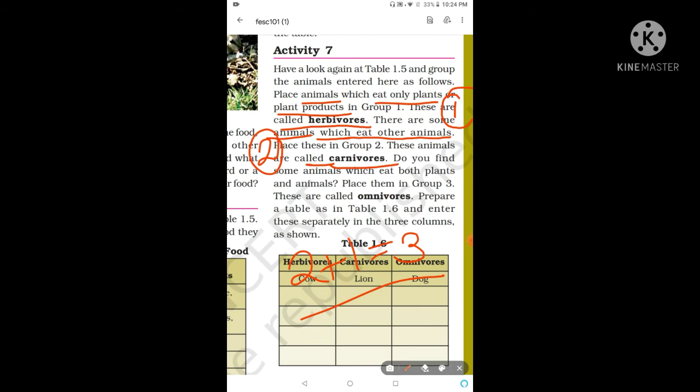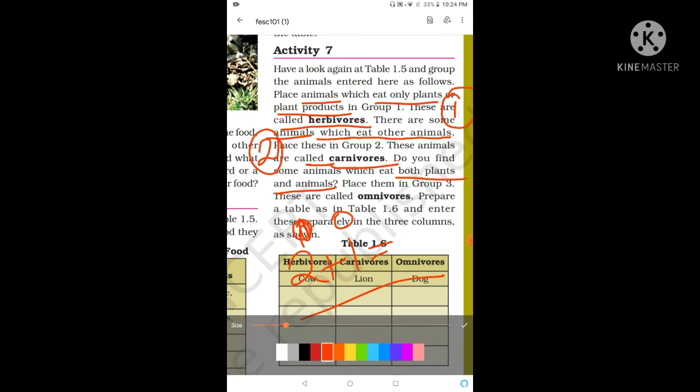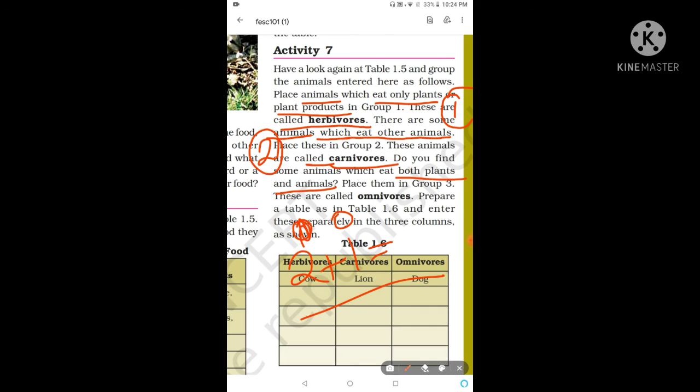Animals who eat number 2 also and who eat number 1 also, means who eat both plant products and animal products. So they are called omnivores. They are called omnivores, right?